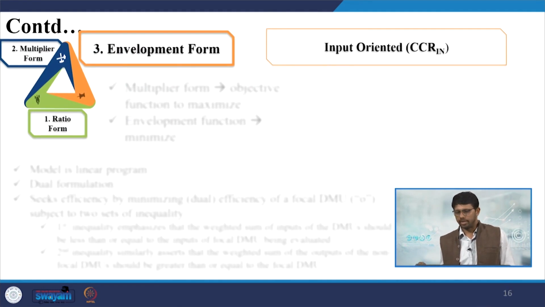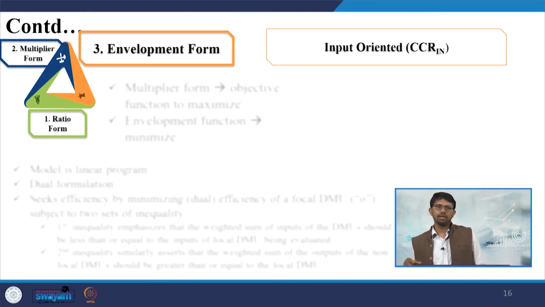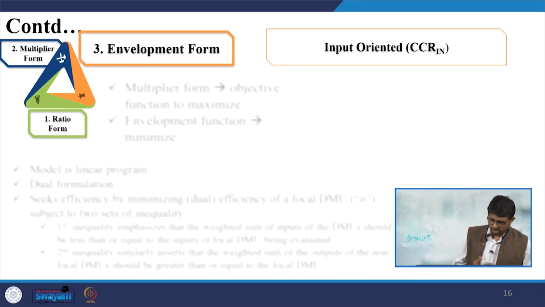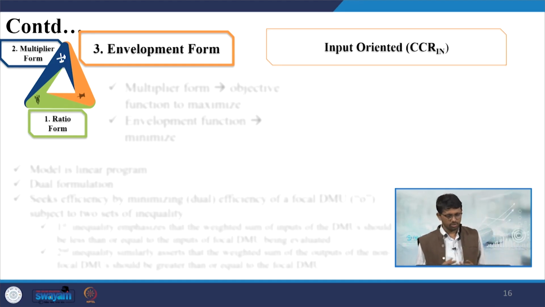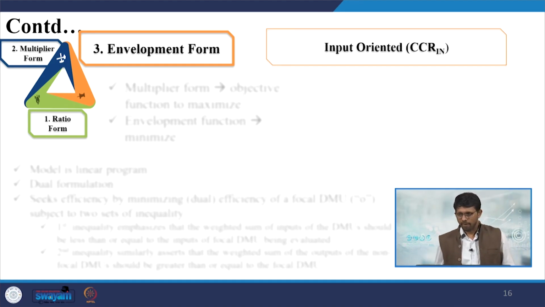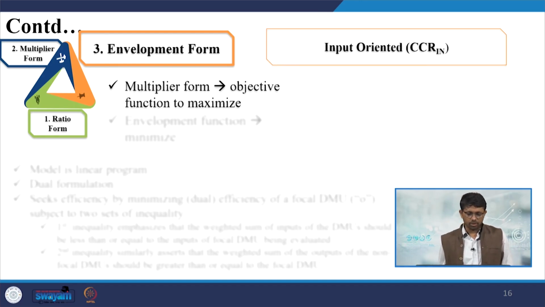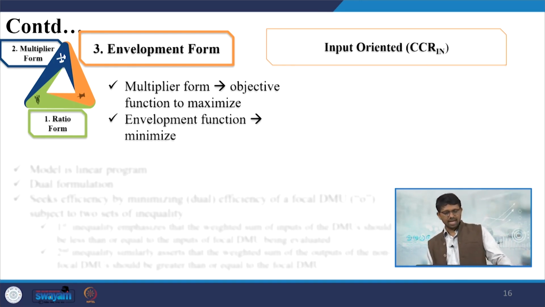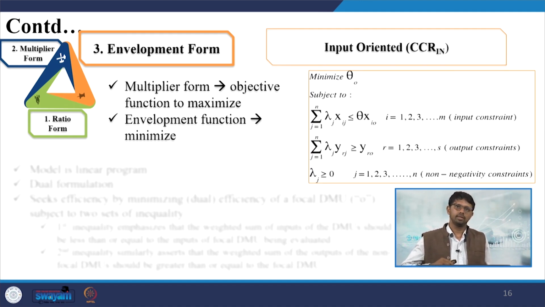The most important usage of the efficiency score is through the envelopment form. The envelope, as we have already mentioned in the earlier lecture, envelopes the scores. We will clarify this by comparing with the multiplier form which we have just discussed. The objective function was to maximize, whereas in the envelopment form it is to minimize the objective function, since it is the input oriented model.